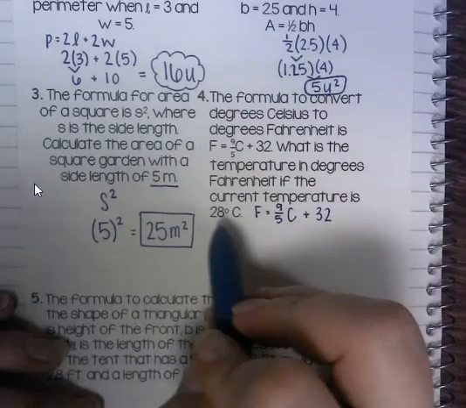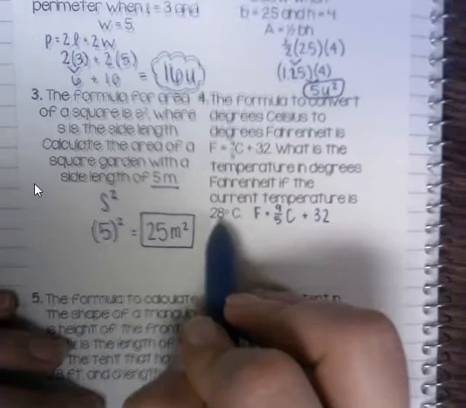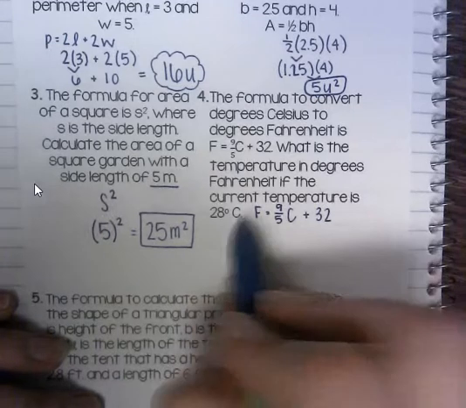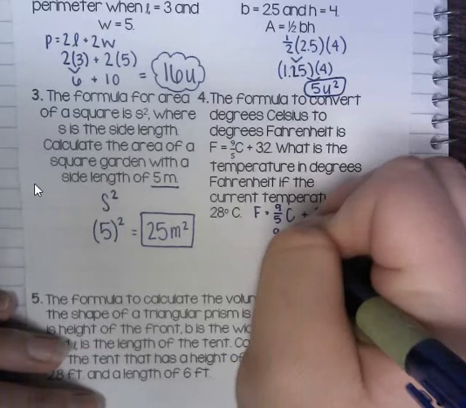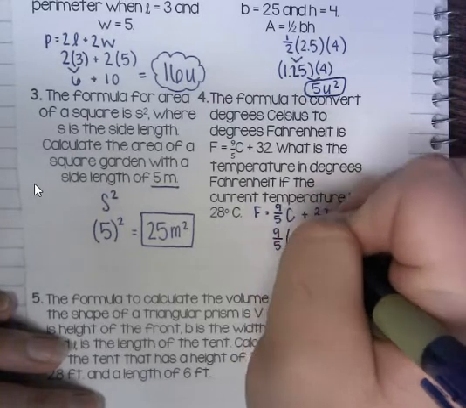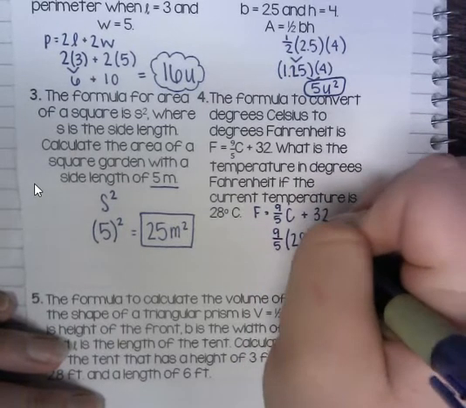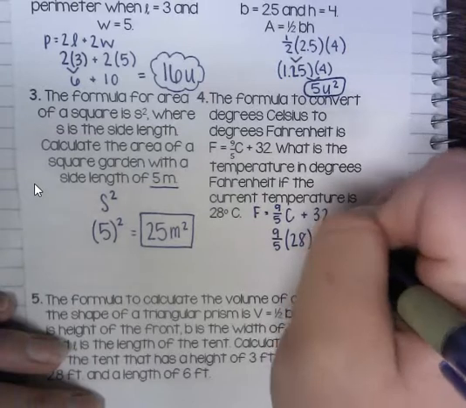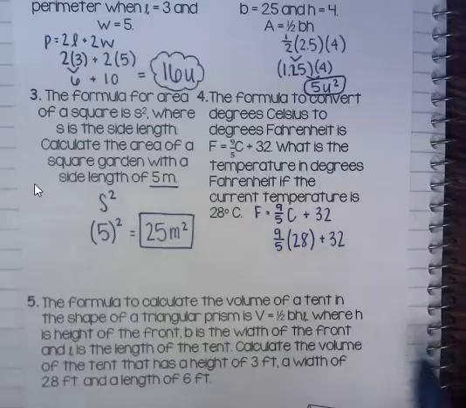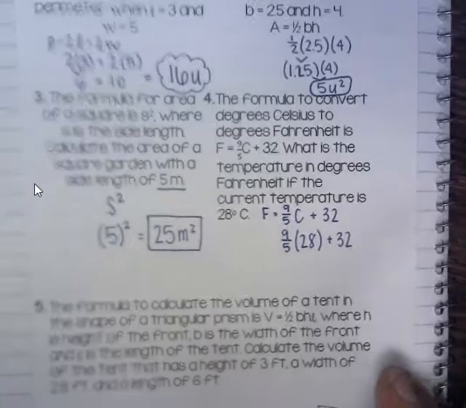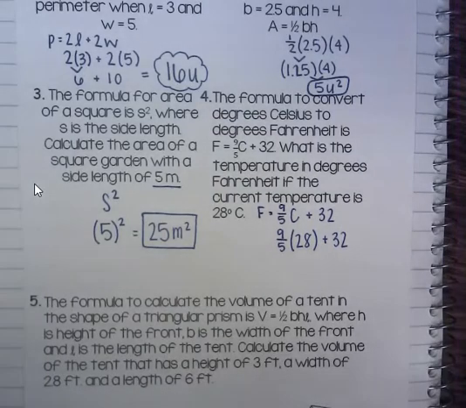Then we see that the current temperature is 28 degrees Celsius, so we put 9/5 parentheses 28 close parentheses plus 32. Now we have a multiplication and addition. So we're going to multiply 9/5 times 28.